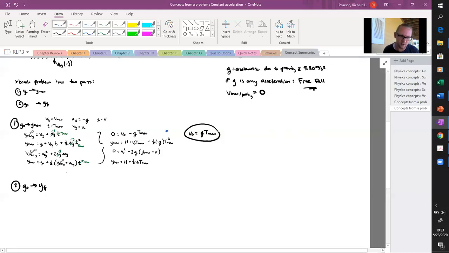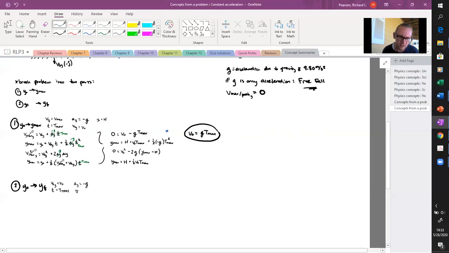Let's write this out. So we have, again, our initial velocity in the y direction is v naught. Now our time, instead of being t max, is now t total. Our acceleration in the y direction is still negative g. From the very beginning to the very end, it's still negative g the whole thing.